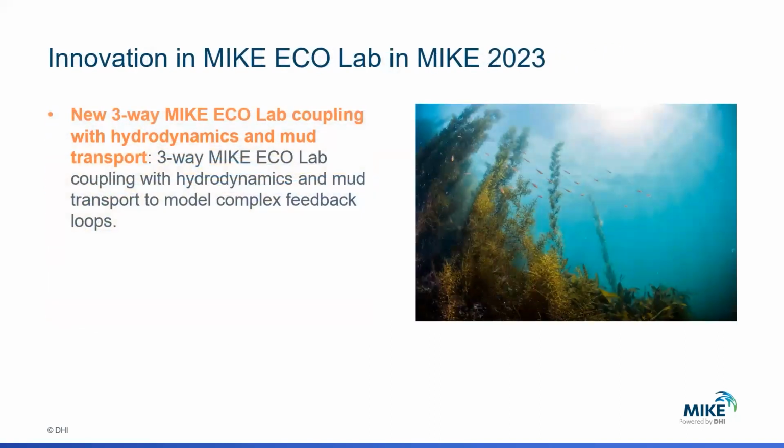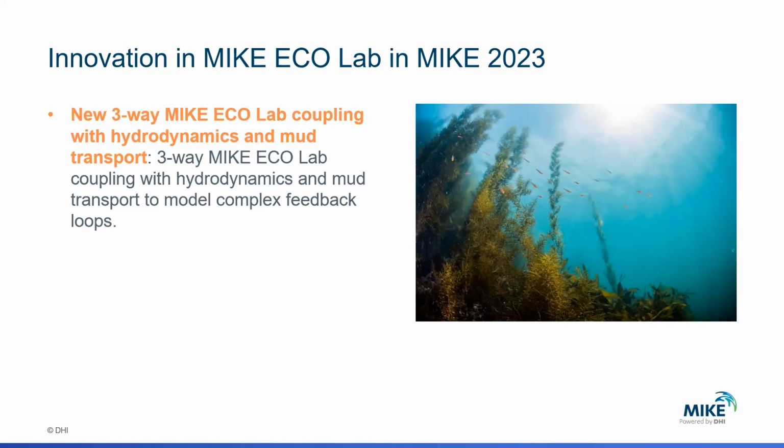And finally, for the looking back section, we had a very powerful three-way coupling introduced into Mike Ecolab, allowing us to couple hydrodynamics, mud transport, and ecological processes to model a full coastal cycle, if you like.